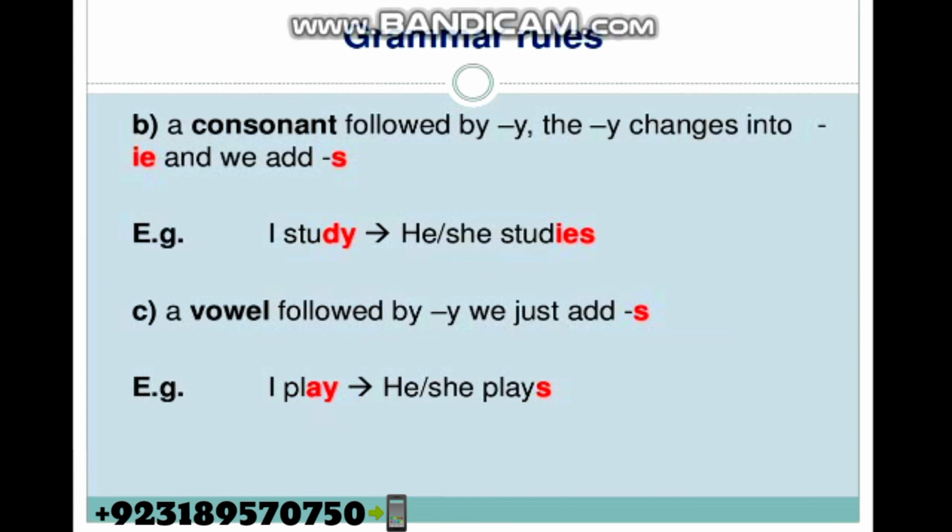In English grammar we have a rule for removing y or placing ies or s. When before y we have a consonant, we remove the y and add ies. When you have a vowel before y, you place the s after y.